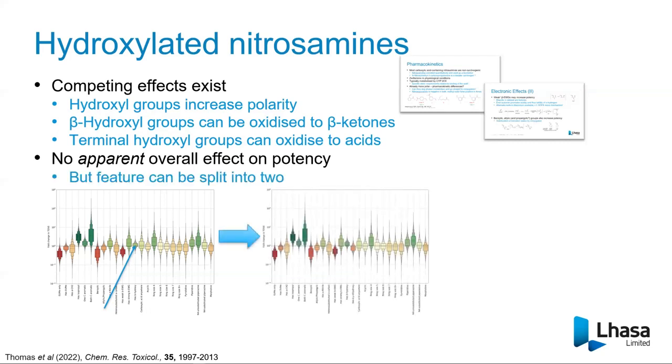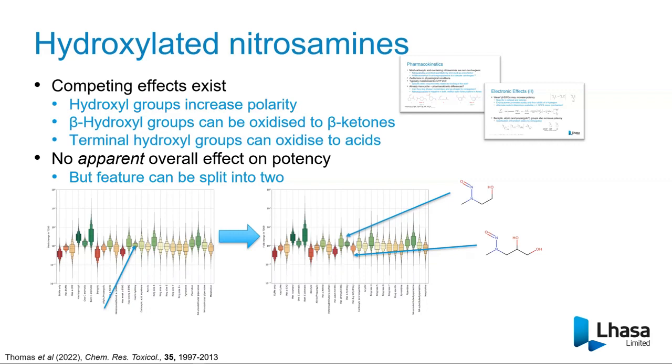However, I've gone back into this data recently. And if you look at the beta hydroxys and separate out from them the beta gamma dihydroxys, you suddenly see features that are significant. We're not precisely sure why this is, but it might be specific to the 2,3-hydroxypropyl groups, which come from one specific set of carcinogenicity studies and are responsible for most of the potent nitrosamines that match the OCCN double bond O feature that we had used to describe the beta hydroxy.